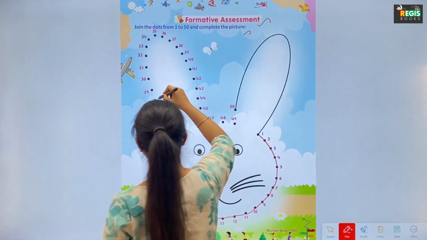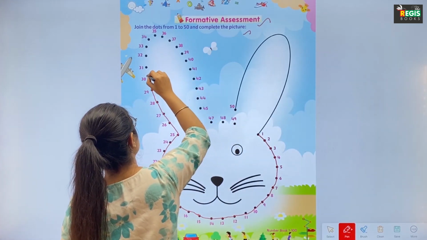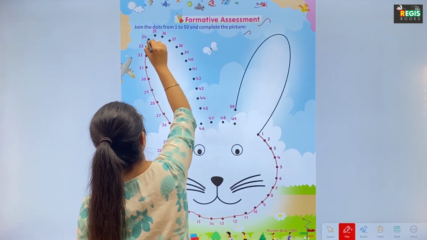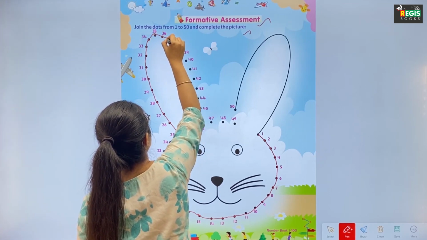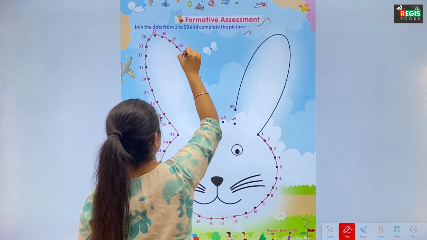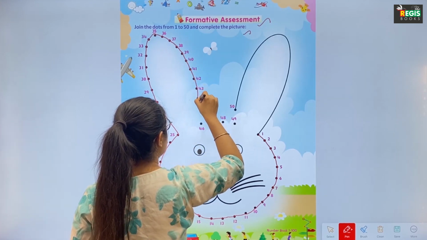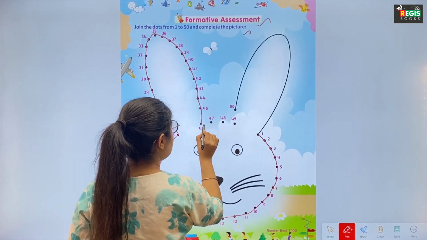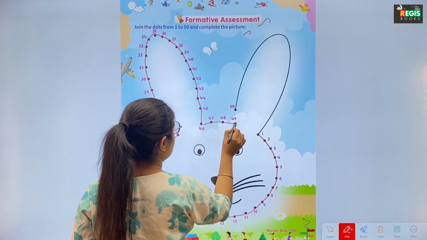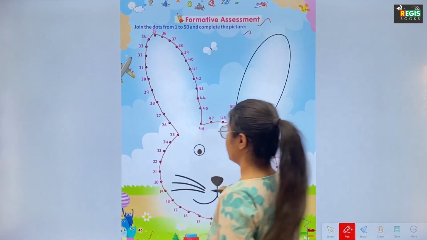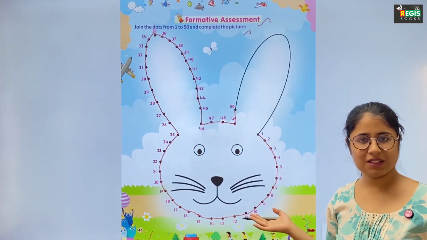Then 29, 30, 31, 32, 33, 34, 35, 36, 37, 38, 39, 40, 41, 42, 43, 44, 45, 46, 47, 48, 49 and 50. So the figure is complete.